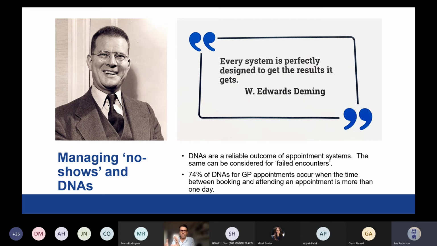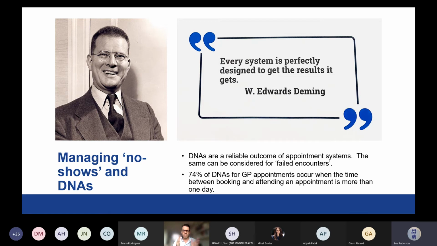That's not going to make that much difference, and it's certainly not going to make a difference for a long time. And I think one of the issues we've got around DNAs is that they, really unfortunately, drive potentially a lot of inequalities of access because of the way that our systems are set up, and the fact that there's potentially appointment capacity there that's not being used or being used in the wrong way. So we looked at data from over 4 million appointments in Tower Hamlets over a period of years, and we controlled for patient demographics, and basically found that the principal driver for people not showing up to appointments is the length of time in advance that they're booked.